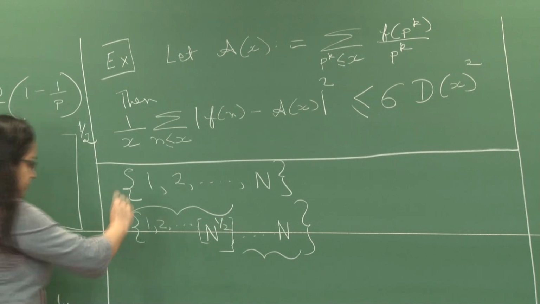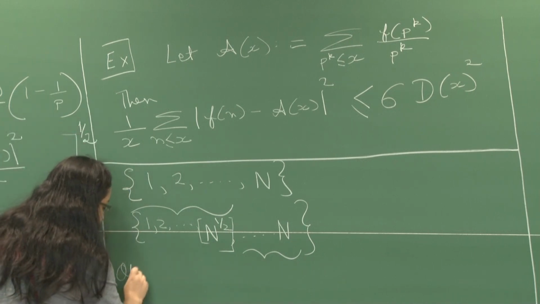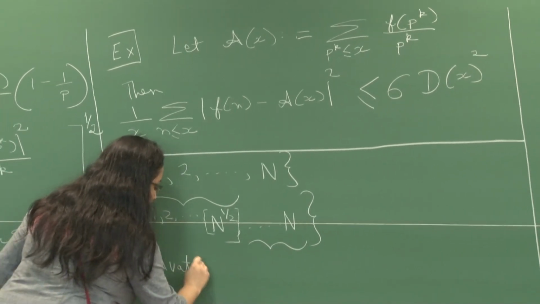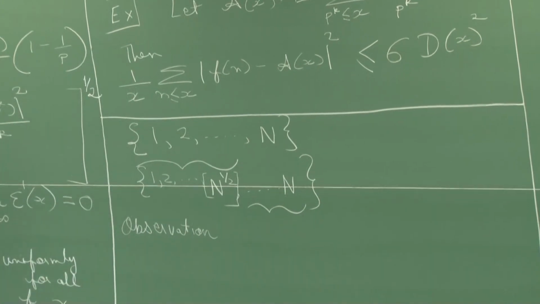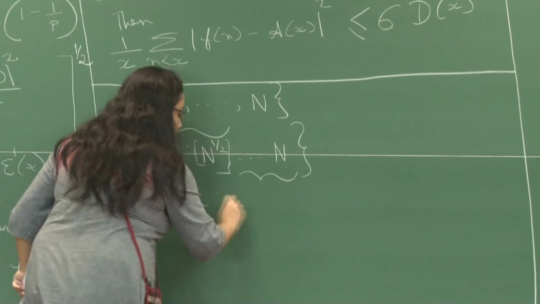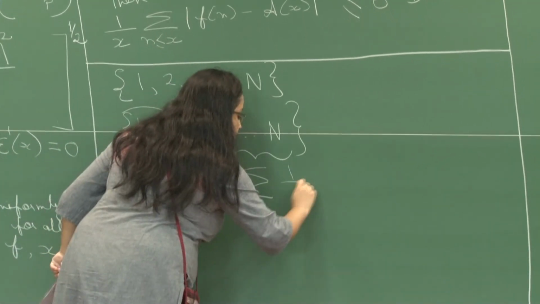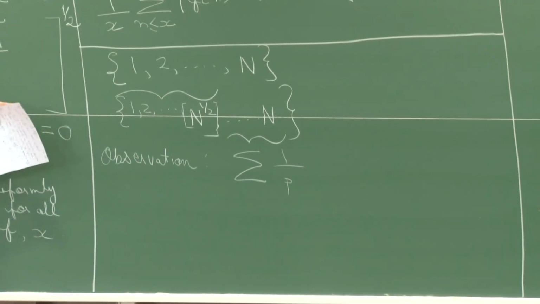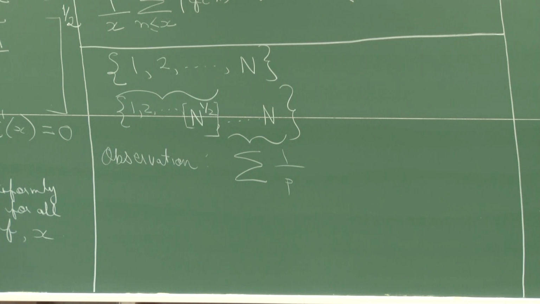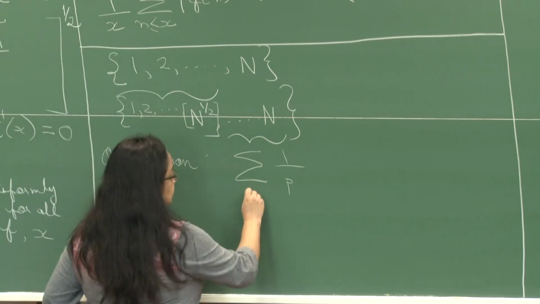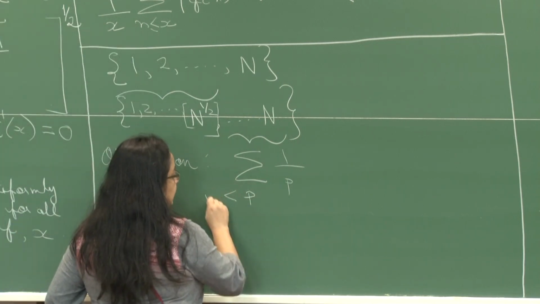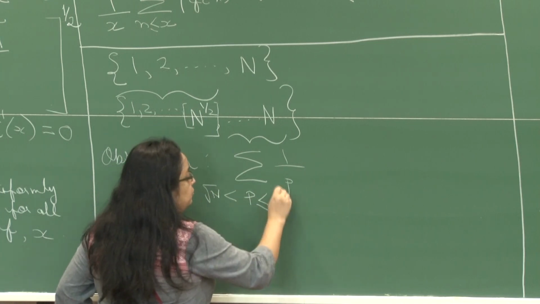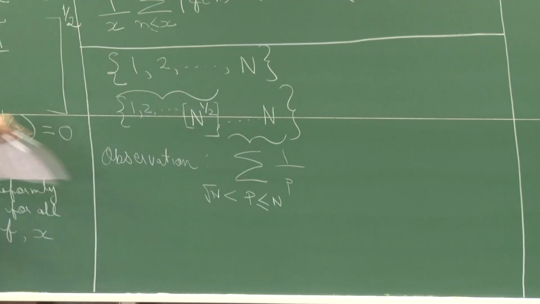So here is an observation. Suppose we take reciprocals of the primes lying between root n and n. So let us take all those primes p which are strictly greater than root n and less than or equal to capital N. What should this be?